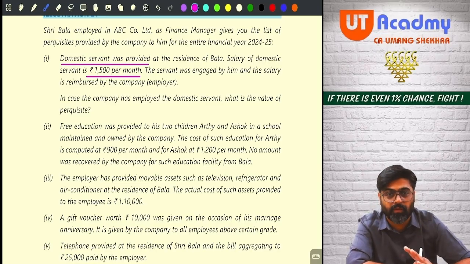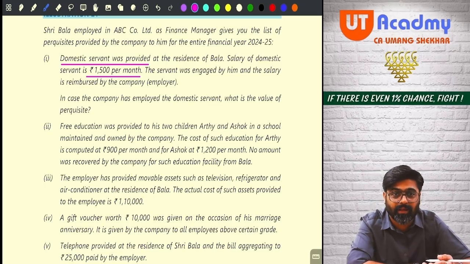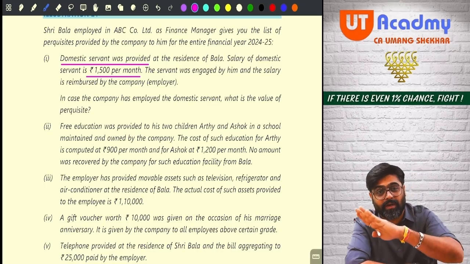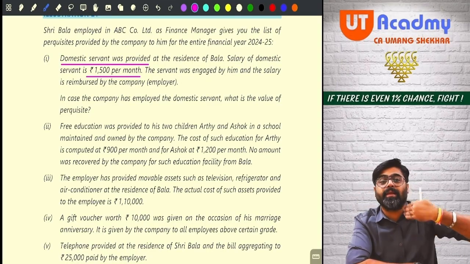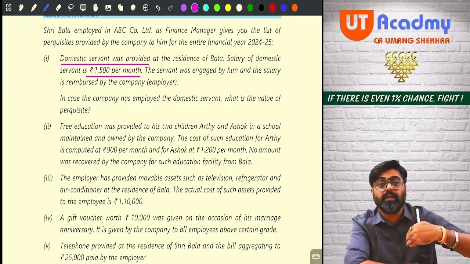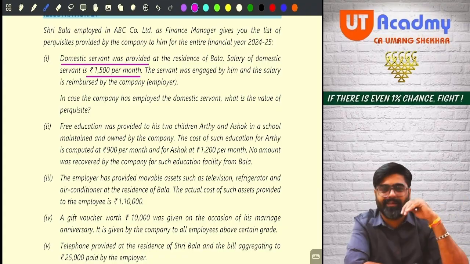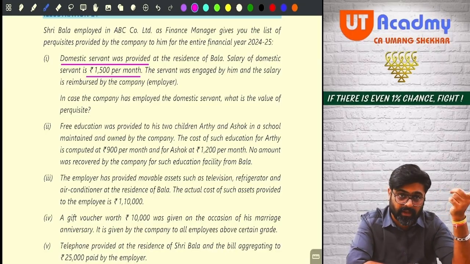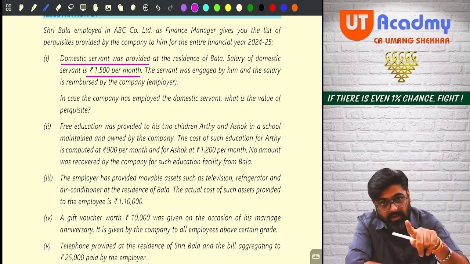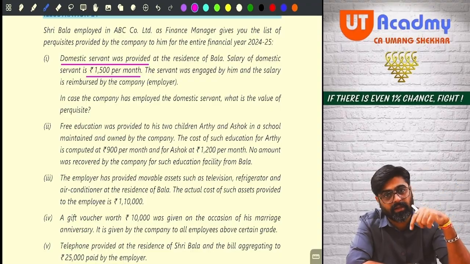Okay, now they are saying that a domestic servant was provided at home, but that domestic servant was not engaged by the employer. They are saying it was engaged by him only. Understanding? If the servant was engaged by him only and the salary for that servant was given by the employer, then it is a perquisite.